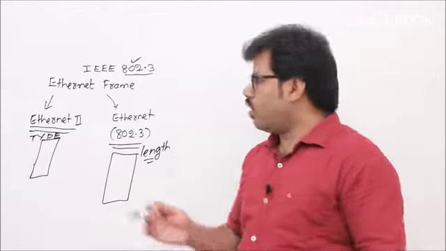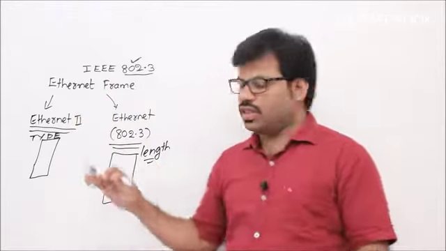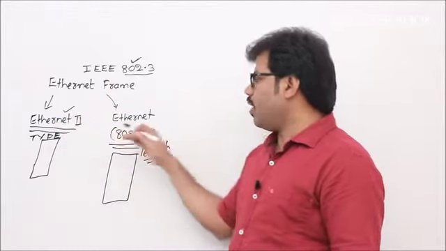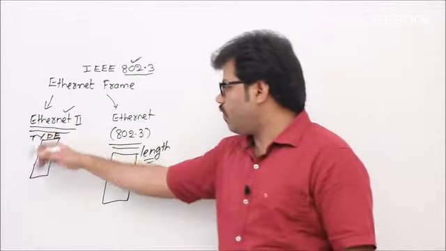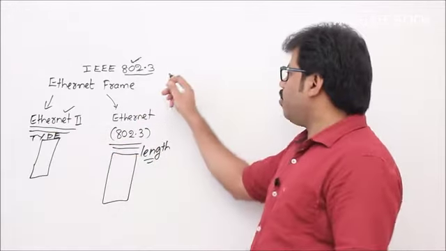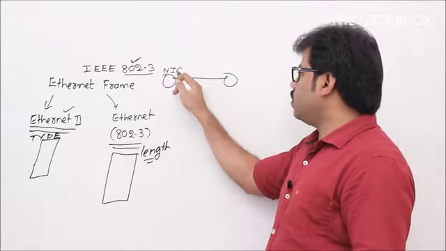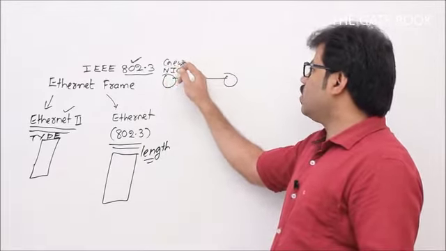To avoid that, what the standard people proposed is to allow both the Ethernet 2 standard and the new Ethernet frame, because there is only one field of difference. Example, let's say two computers are communicating. We don't know about this device and that device. Let's say this is a new device and this is an old device.